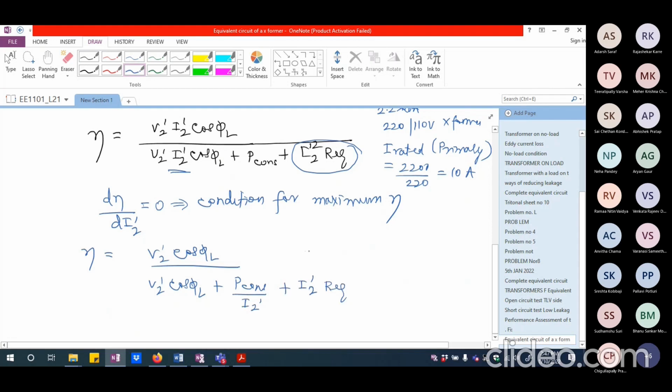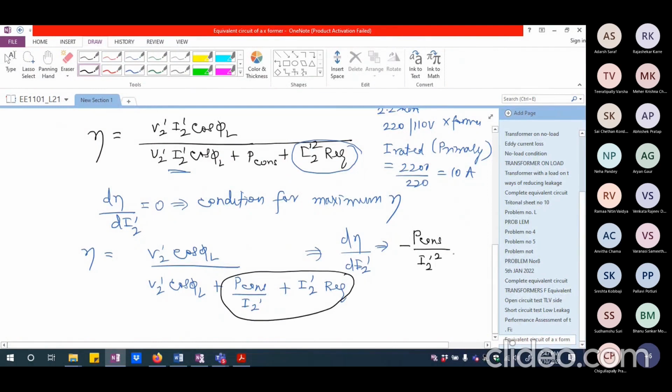Now when I differentiate this, d eta divided by d I2 dash, only these two terms are going to get differentiated. Nothing more than that. So this will be minus P constant divided by I2 dash square, because I2 dash power minus 1 differentiates to minus 1 times I2 dash power minus 2.